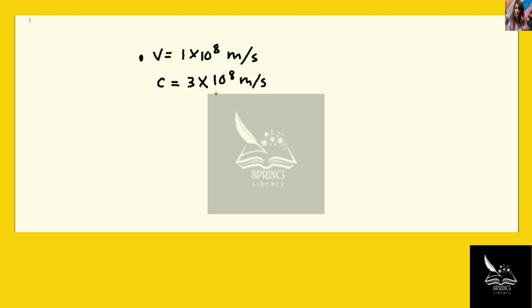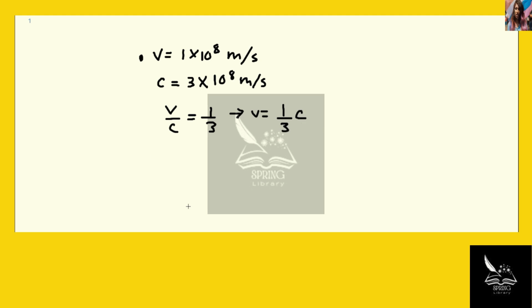If you divide v by c, you can cancel out the 10 to the 8 factors. What you end up with is that v over c is actually 1/3. So initially, your velocity is 1/3 the speed of light.